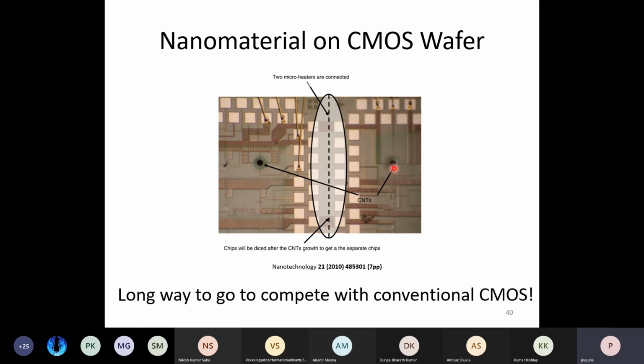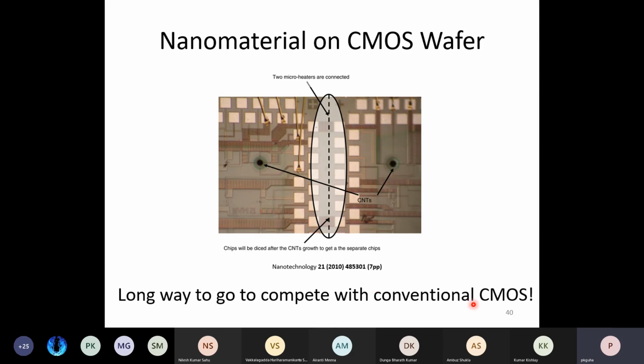These may be used for developing sensors. There are circuits around it, but those circuits will be at room temperature. Only we are heating locally, and this way you can develop carbon nanotube on the CMOS platform itself. But you have to do it in your own lab. You can't do it in the CMOS foundry.